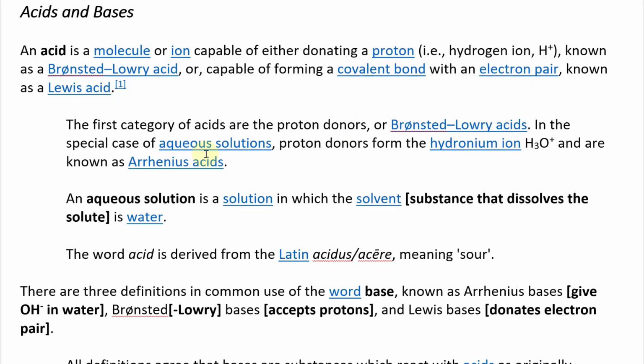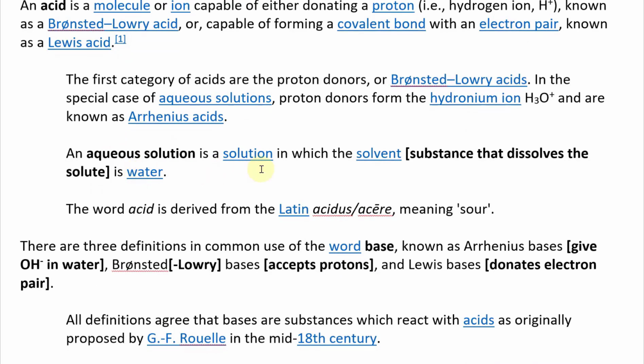In the special case of aqueous solutions, proton donors form the hydronium ion H3O+ and are known as Arrhenius acids. An aqueous solution is a solution in which the solvent, the substance that dissolves the solute, is water.